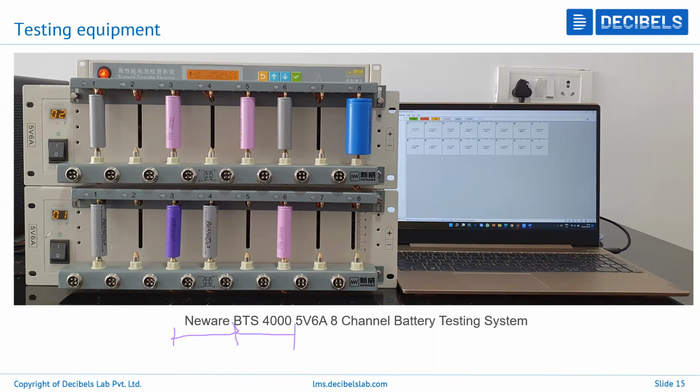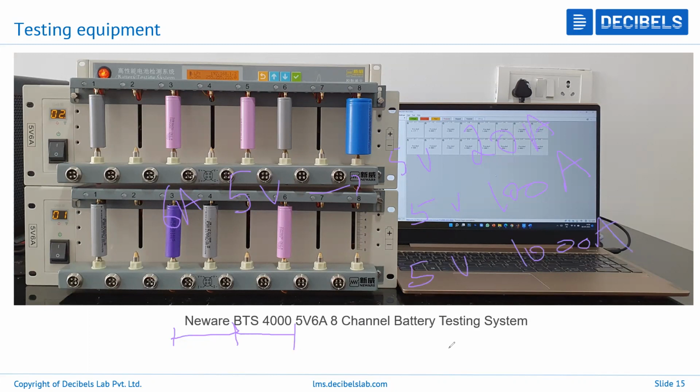It can supply a maximum of 6 amps and limit itself to 5 volts. So it's a low power testing machine, and there are other variants as well. There is also a 5 volts 20 amps, a 5 volts 100 amps, and a 5 volts 1000 amps.